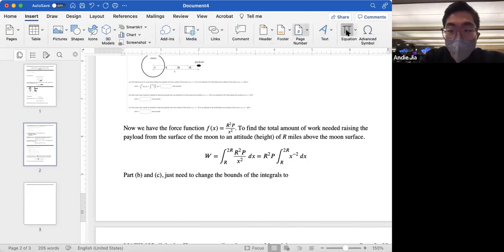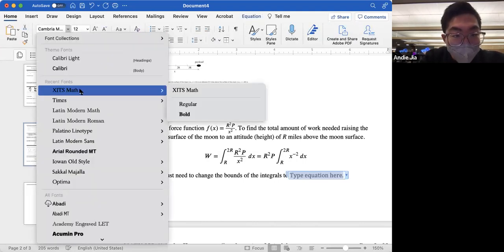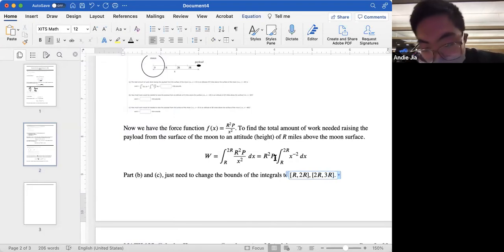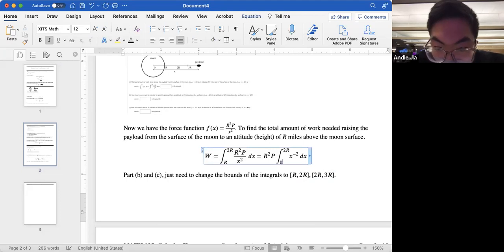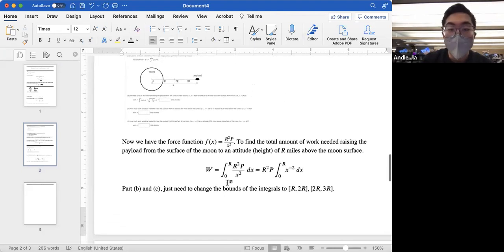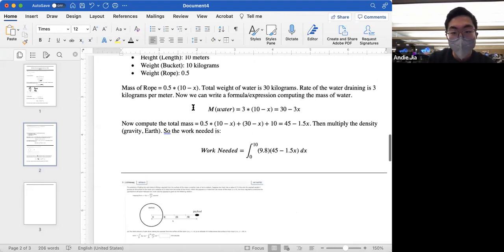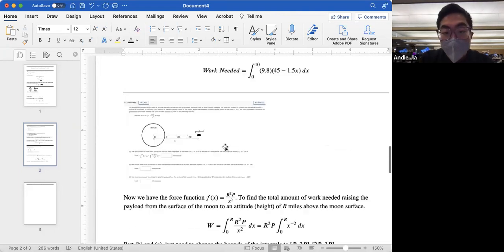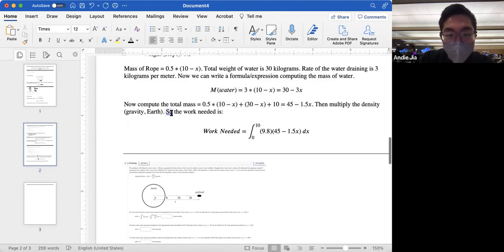If you want to do r, or 2r, 3r, or whatever it is. If you go from surface level to r, then it's a 0 here, and then just set up the integral and make sure it's the density.